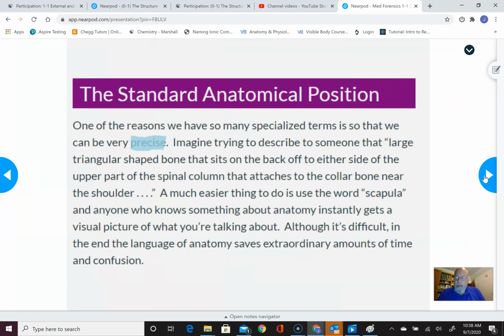Okay, so I think the most important word here in this paragraph is precise. One of the reasons we have so many specialized terms is that we need to be very, very precise in our descriptions. And having the precision is provided by so many specialized terms.